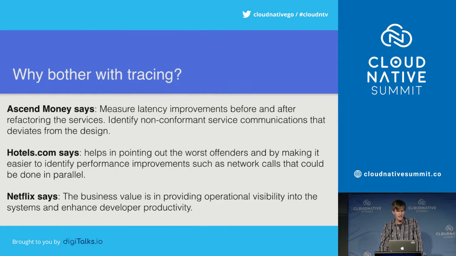And Netflix, they're a site of ours too. In that case, they're more about making the developers productive, because maybe they don't hire a huge amount of staff. They want to make each of those individuals more productive at solving problems. So there's a lot of emphasis on developer productivity, and also operations visibility.